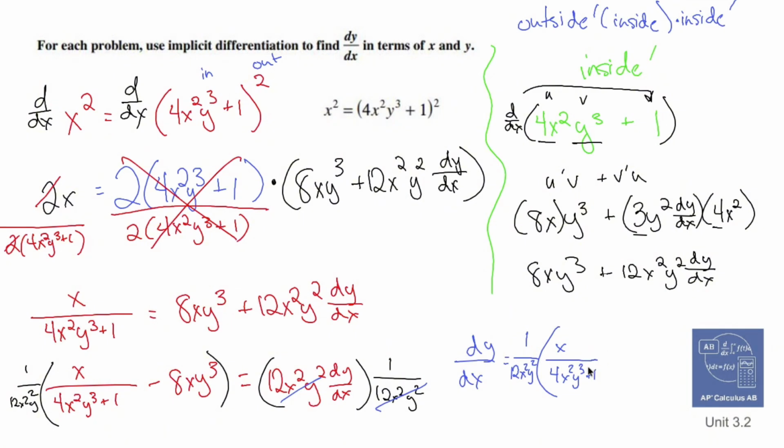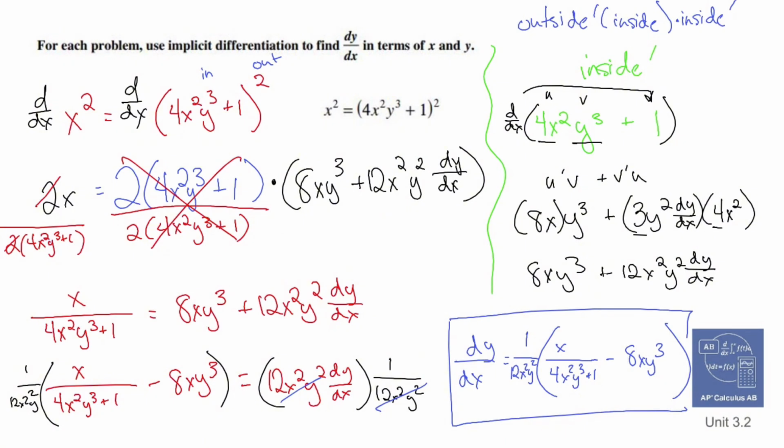So you'd have to distribute there if you wanted to, minus 8xy cubed. So that is the answer. It's awful. It's terrible. I mean, look at the original problem. But we did it, and that is a possible looking solution. You could go further, but I won't because I don't have space.